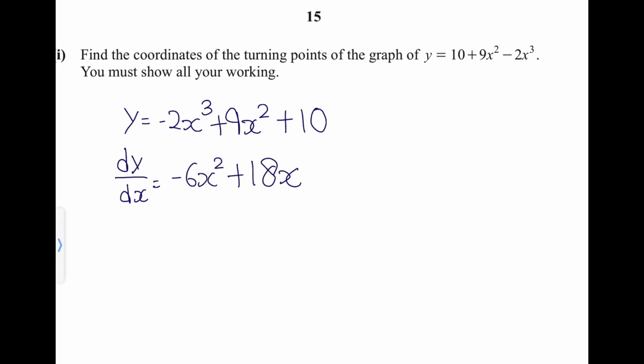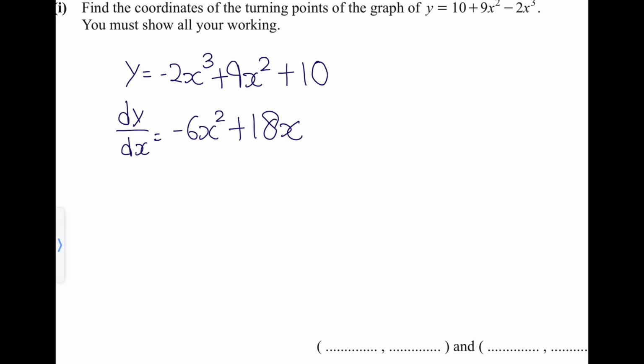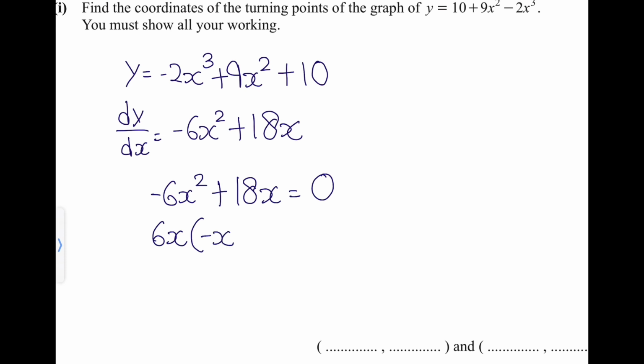Now we have to find the points where this is equal to 0, because this equation tells us the gradient. So if we put in any x point, it tells us what the gradient is. We want the x points where the gradient is 0. Now we can simplify this by taking 6x outside. That would be 6x into negative x plus 3, because 6x into 3 would be 18x, equals 0.